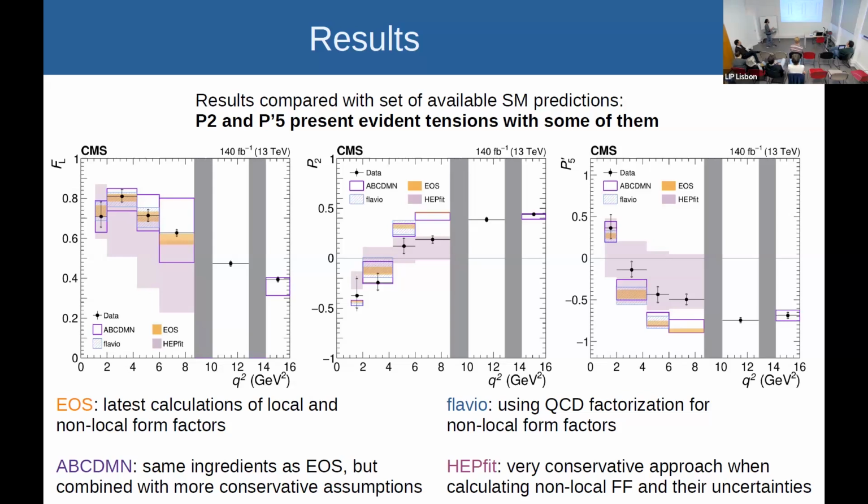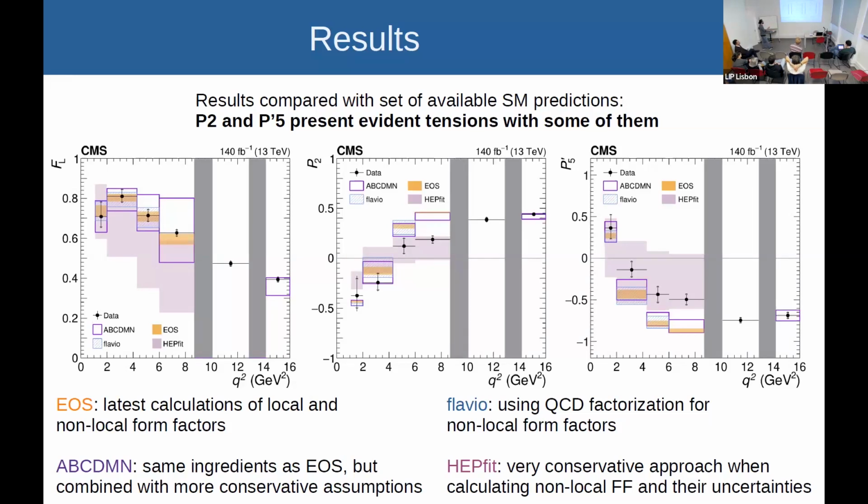And you can see this especially with EOS, which is the more aggressive for the form factors choice used, but also, especially in flavio, for the ABCDMN.